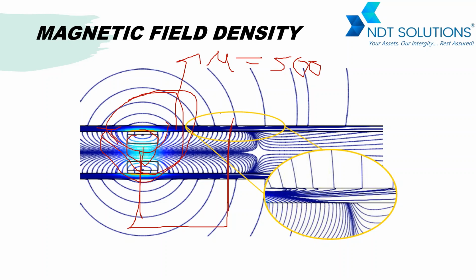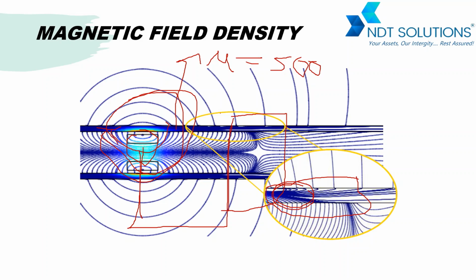After this region is your transition zone, and here it is shown expanded. Again there is no homogeneity and we cannot use the magnetic field in this region for the inspection.